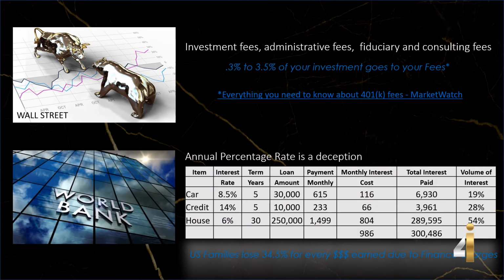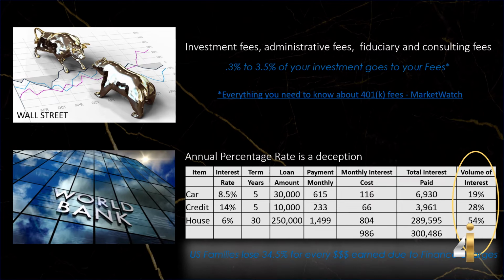The other enemy of money is interest. These are bank interest, right? In fact, the annual percentage rate is a deception. Let's just say you buy a house at $250,000 and you pay for 30 years, and the bank gave you 6% for your interest rate. In fact, at the back of your head, you think you are paying 6%, but the truth is you are actually paying 54%.